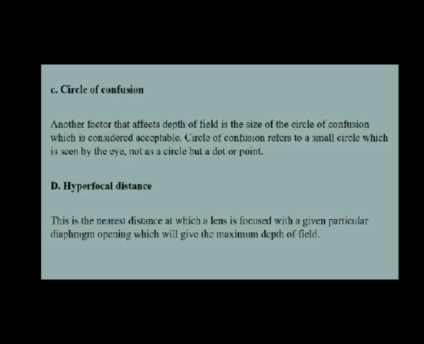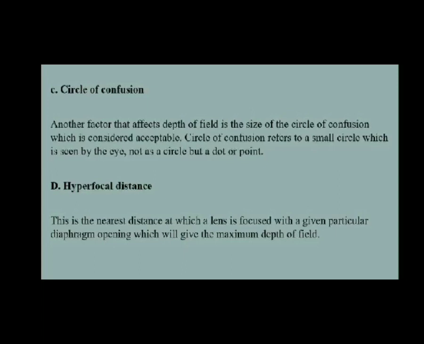If the diaphragm is small, the depth of field is large; if the opening is wide, the depth of field is short. The second is the focal length of the lens: if the focal length is short, the depth of field is long; if it is long, the depth of field is short.